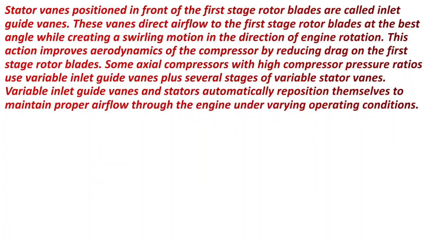So, the very first stator vanes, which are in front of the first rotor blade, are called inlet guide vanes. Inlet guide vanes and stator vanes can be variable, so that they can change the angle of incidence, and direct the air at the best possible angle to the rotor blade.